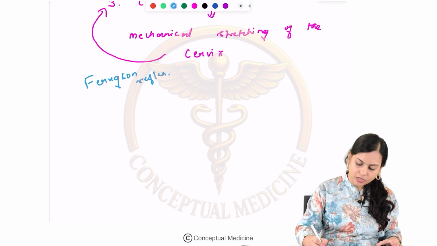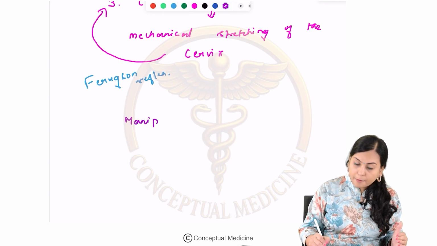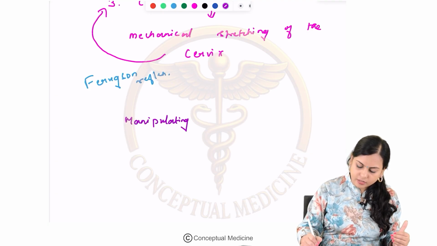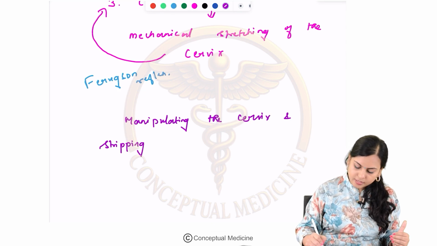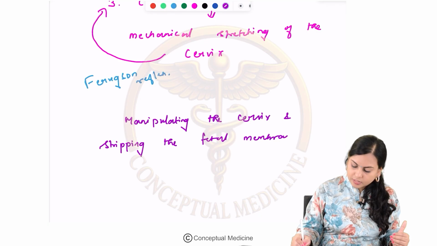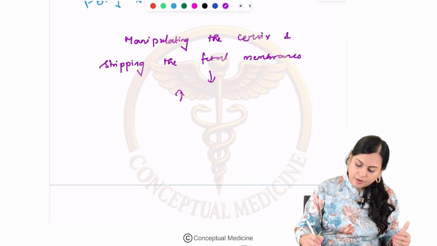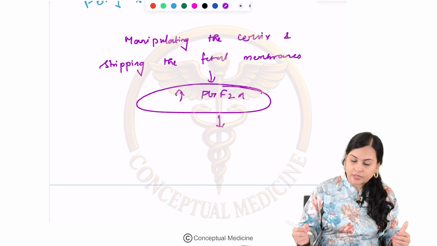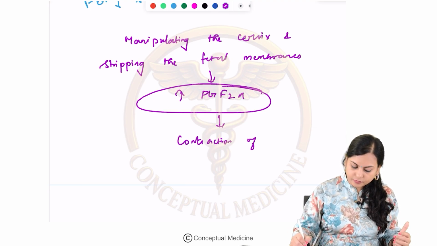Clear? Okay. And also remember, when you are manipulating the cervix and you are stripping the fetal membranes, that will result in increased levels of prostaglandin F2 alpha metabolites. Okay. So that will cause contraction of the smooth muscle.